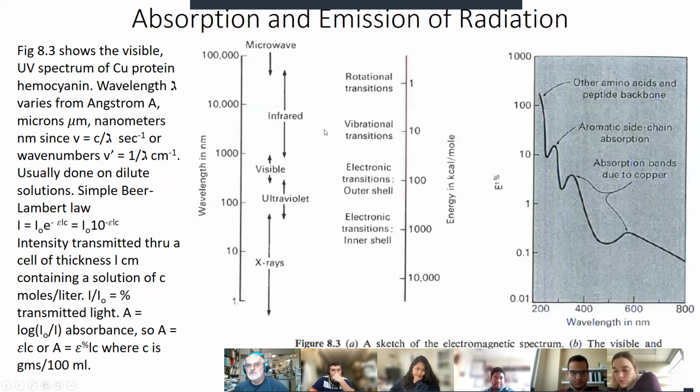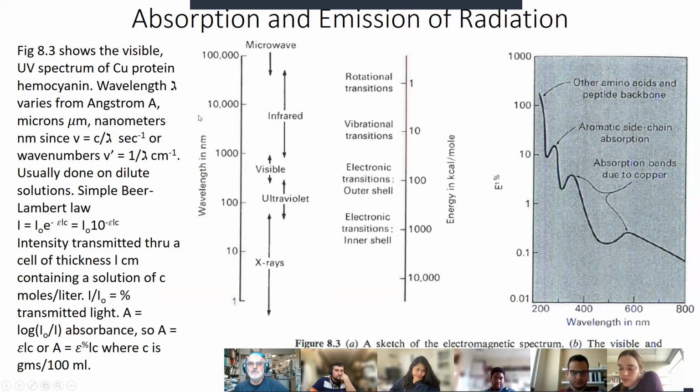And relating this to the transitions that are occurring, the most energy is occurring for the electronic transitions. These correspond to inner shell electrons. And then you get up into the visible, and this becomes something involving outer shell electrons.